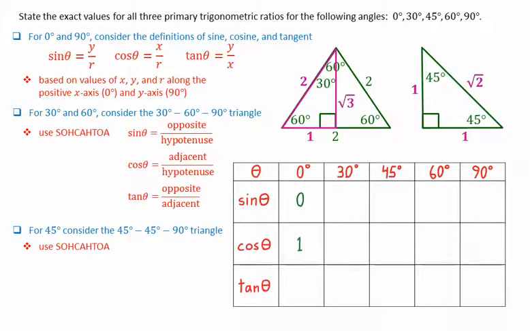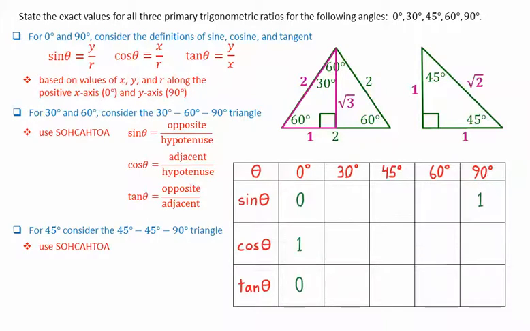Note that since y is equal to 0, the x value is exactly equal to r. This gives then a result of r over r, which is equal to 1. For tangent of 0 degrees, once again we're looking at the y value being equal to 0, giving us 0 over x, which is going to result in 0.